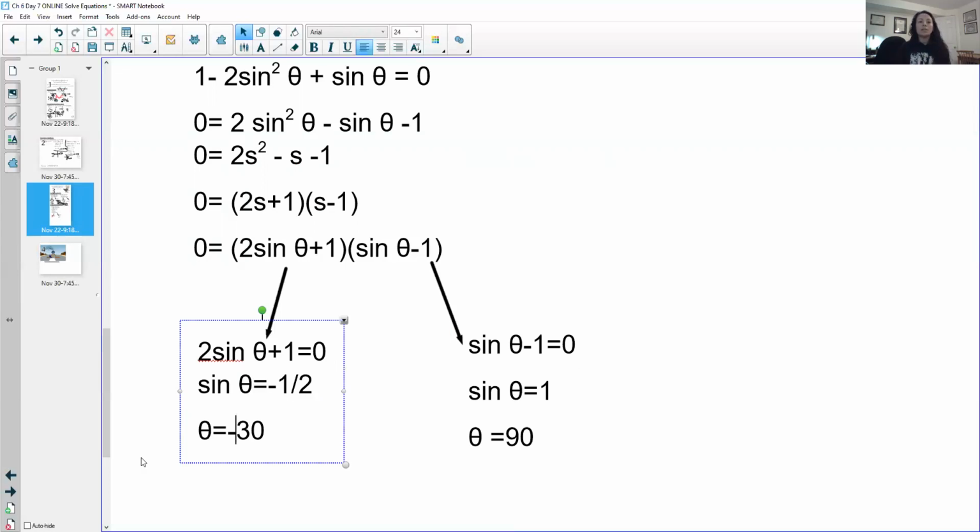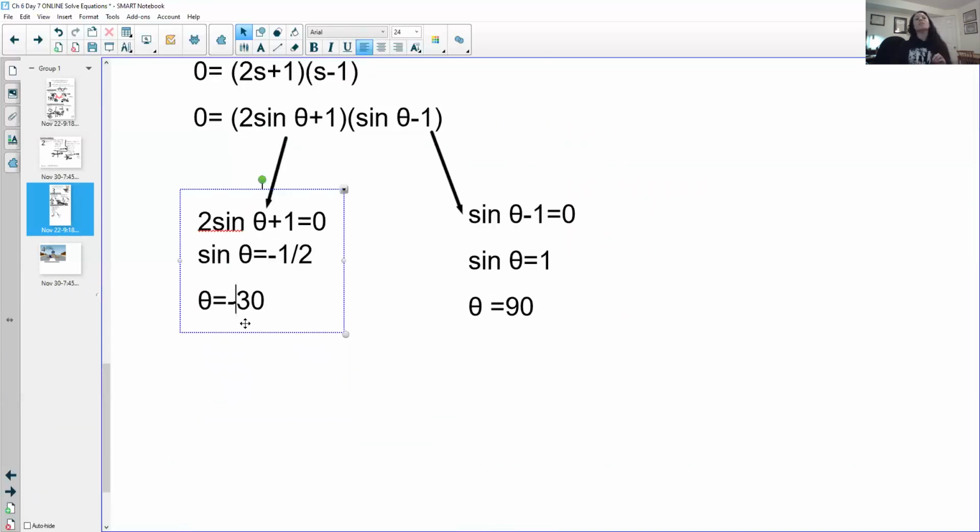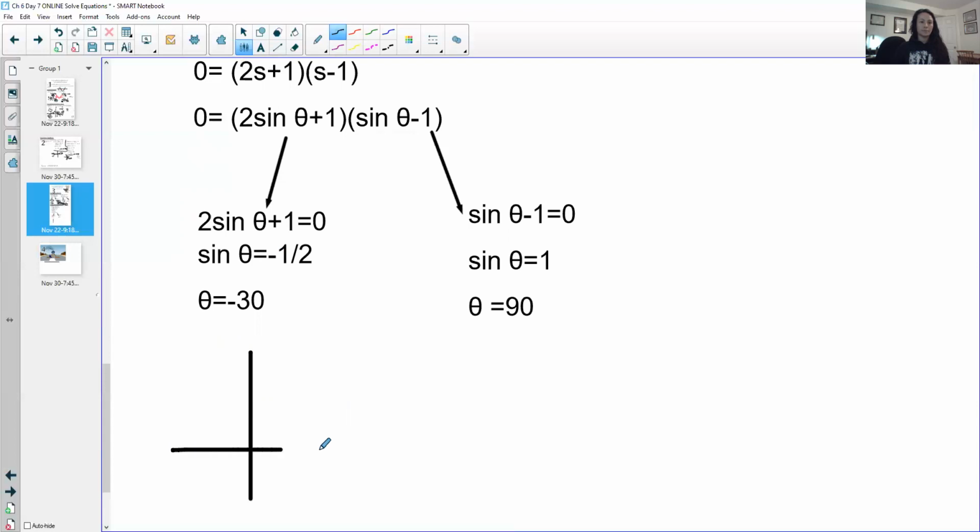Now, our stipulation says we cannot have a negative angle because they specifically asked for degrees between 0 and 360. So take this -30, go back to your Cartesian plane. -30 would be in a negative direction. So that means that if this is 360 minus 30, this would be 330 degrees. Again, think about the CAST rule. If it's 30 degrees here, it should be about 30 degrees here.